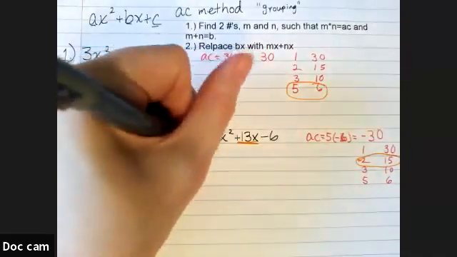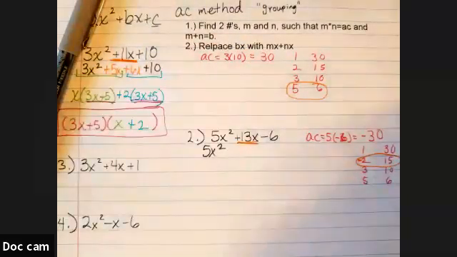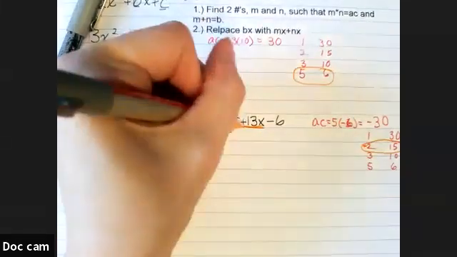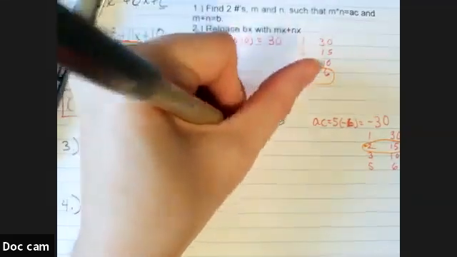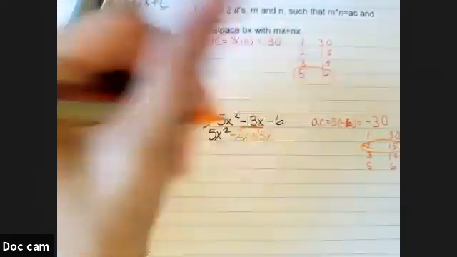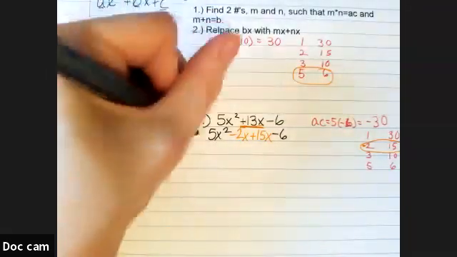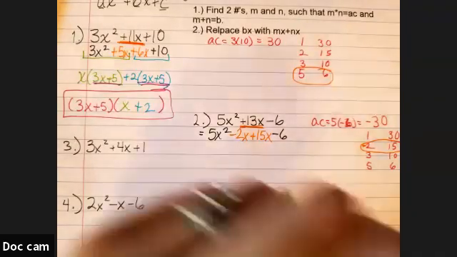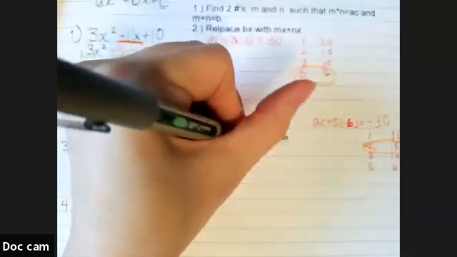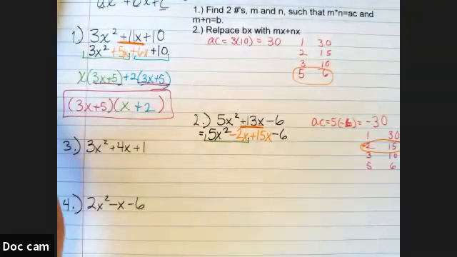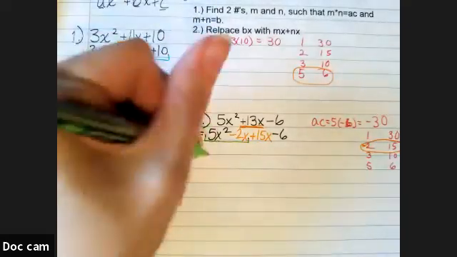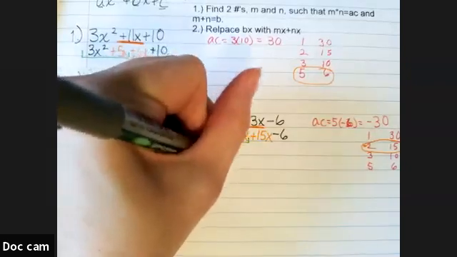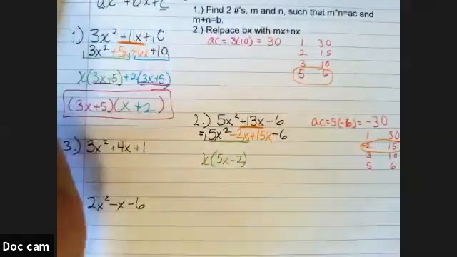So bring down the 5x squared. And then instead of writing plus 13x, we're going to write -2x plus 15x. And then bring down the -6. Okay, and then we will group these. And then we could factor out x, and then that would be 5x minus 2.